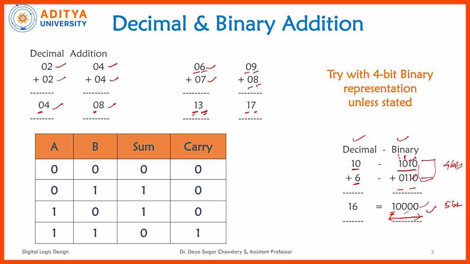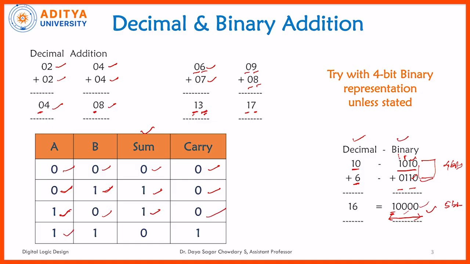Here is the truth table for 2-bit addition. In binary, we add any two combinations: 0 and 0, the sum is 0 and the carry is 0; 0 with 1, the sum is 1 and the carry is 0; 1 plus 0, the sum is 1 and the carry is 0.